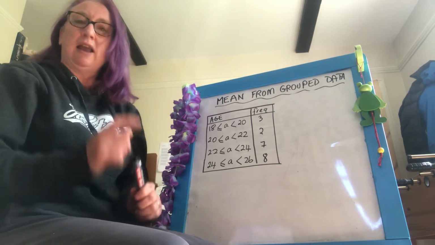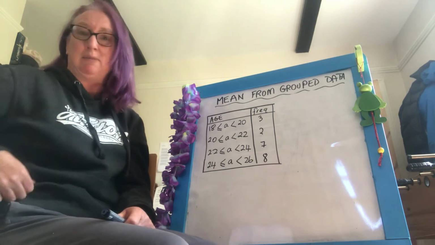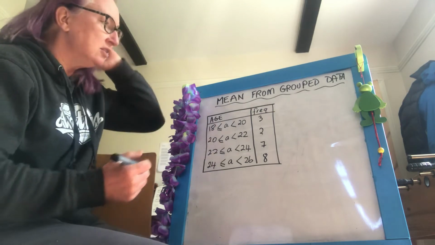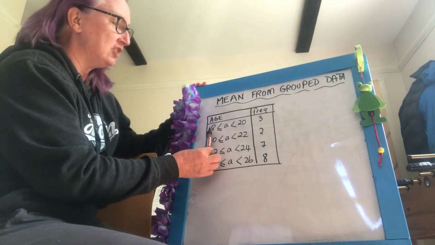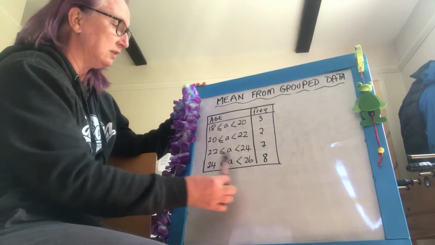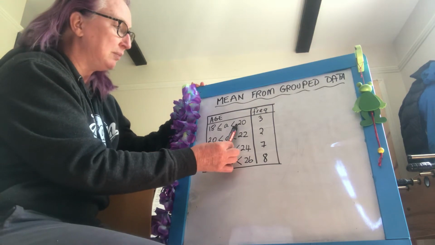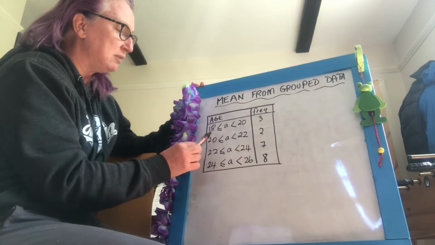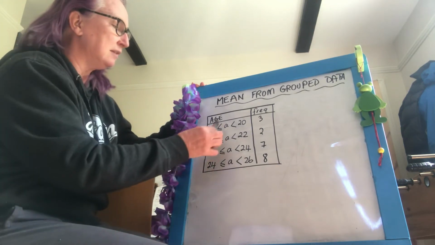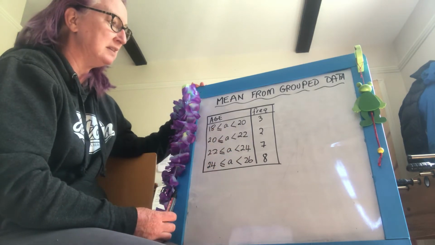So to find the mean, we need to add up all of the scores and divide by how many scores there were. So first, let's see how many scores there were altogether. In my table, these are the ages, 18 to 20, 20 to 22, 22 to 24 and 24 up to 26. The actual 20-year-old would not be in this group. It'd be in this group because this one has got the equal to sign as well. So these are the people who are 18 up to but not including 20, the less than 20.